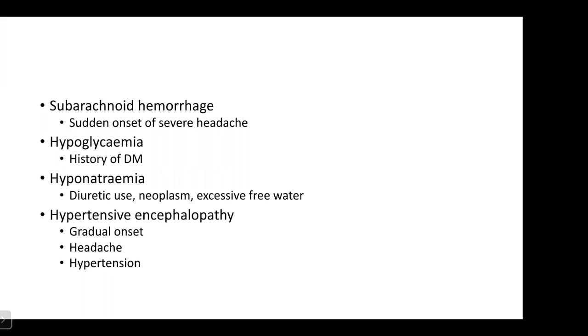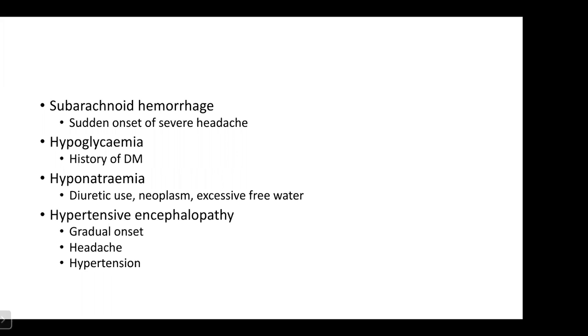Similarly, hypertensive encephalopathy may mimic stroke. How do we distinguish? A patient with persistently raised blood pressure may present with neurological signs and symptoms, but we must think that it is gradual in onset. The patient has a headache also, and there has been raised BP for the last few days.